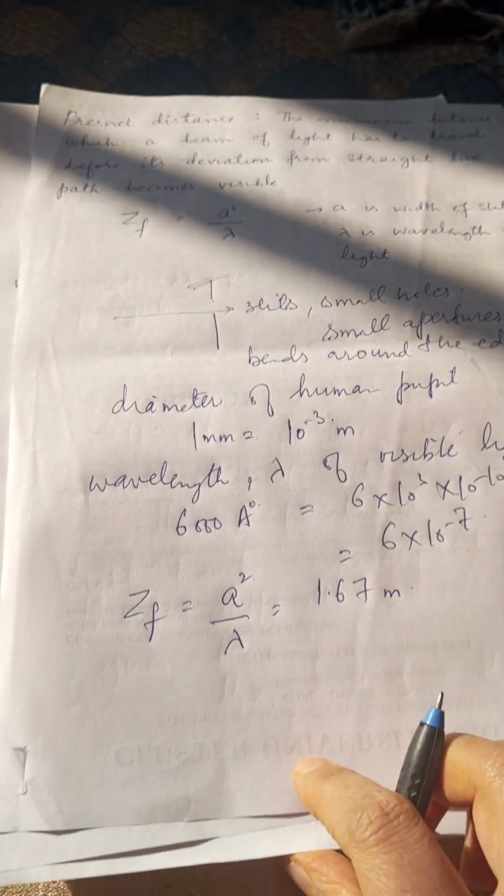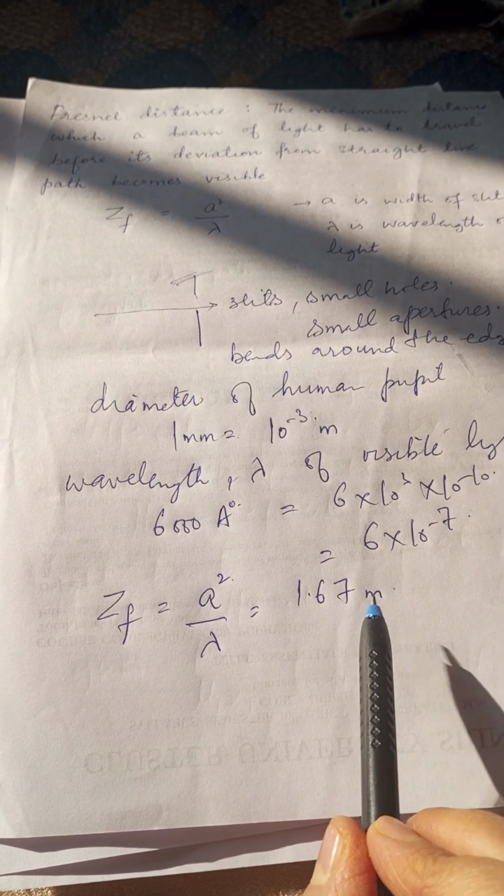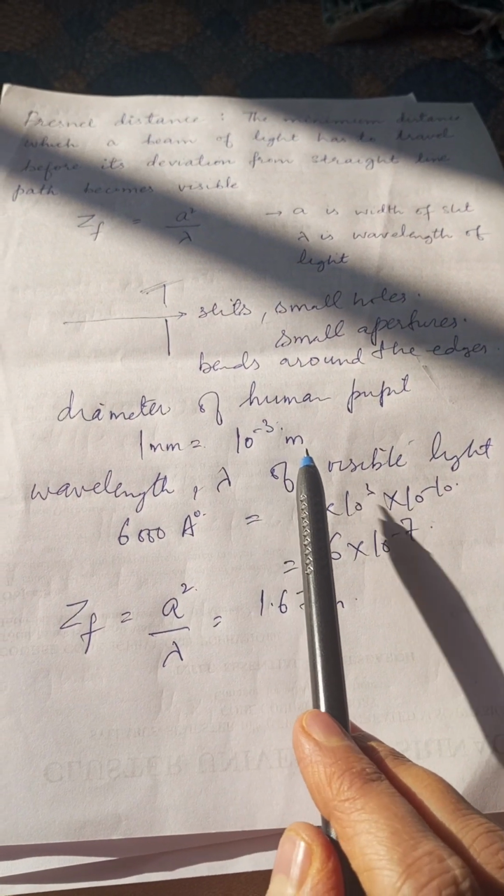Okay, therefore we can say that bending of light does not happen unless it travels the distance of 1.67 meter. And it happens by how much? Only 10 raised power minus 3 meter, which is quite small.